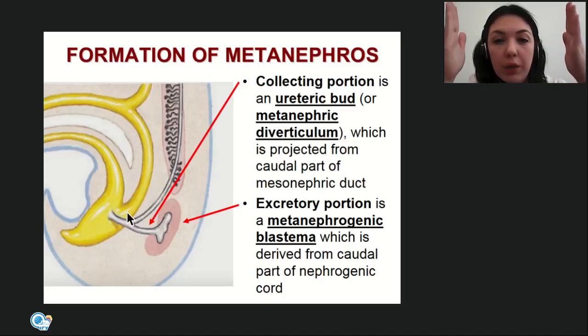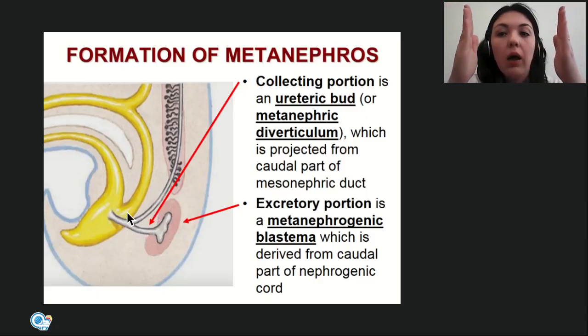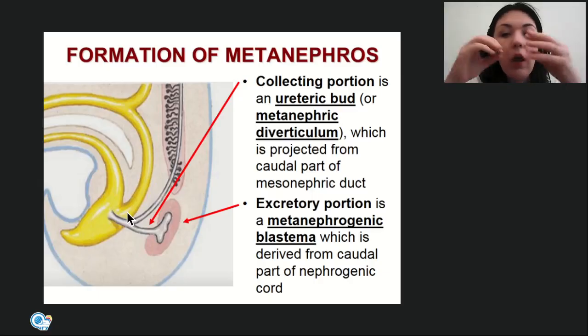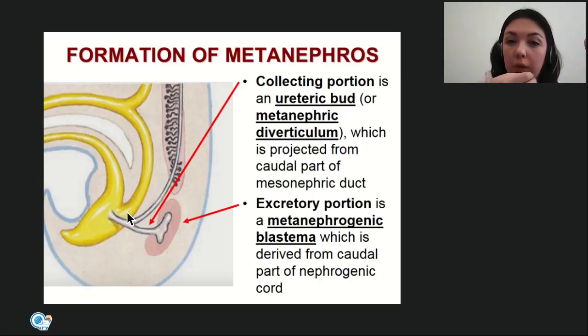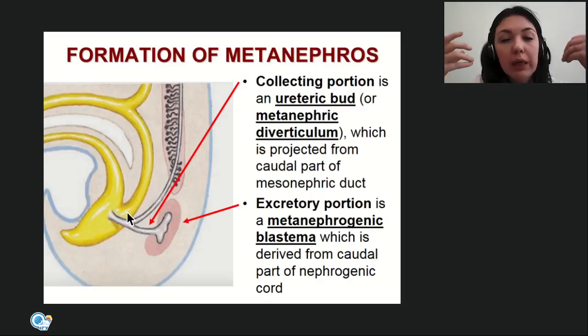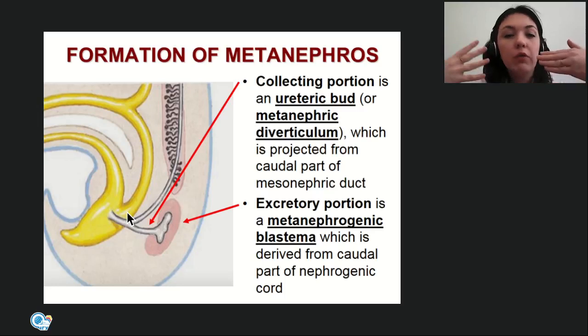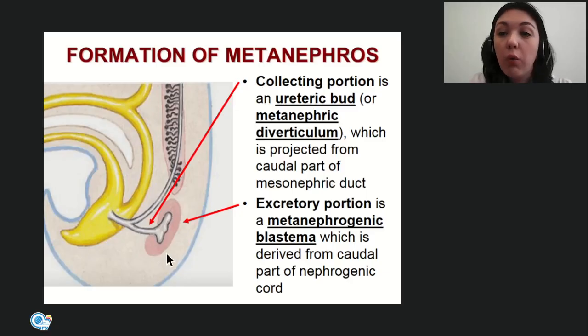So the cranial part of the mesonephric duct participates in formation of genital organs, but from the caudal part, the ureteric bud outgrows, and it gets surrounded by the excretory portion, which is the metanephrogenic blastema, derived from the caudal part of the nephrogenic cord.